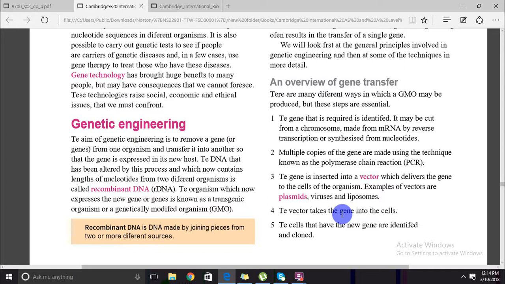Number two, now that we have acquired the gene either by using restriction endonucleases to cut it from a chromosome, and restriction endonucleases are a class of enzymes that are also mentioned in the syllabus, so we will talk about them, or by synthesizing it from nucleotides, or by converting mRNA to cDNA, whatever, we will have the genes, but we might not necessarily have a whole lot of them.